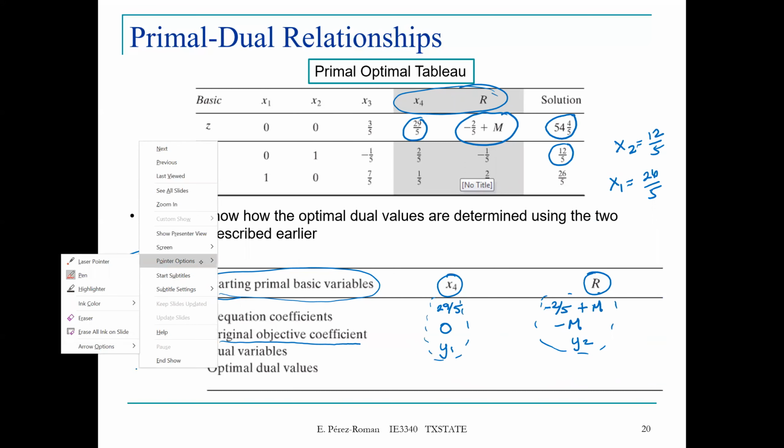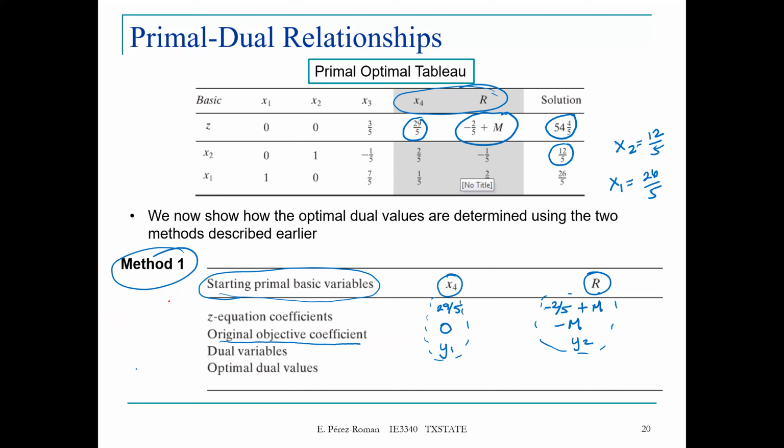So let me use a different color. So in this case, it's going to be 29 over 5 plus 0, which is going to be 29/5. And in this case, it's going to be minus 2/5 plus M minus M, which is equal to minus 2/5.